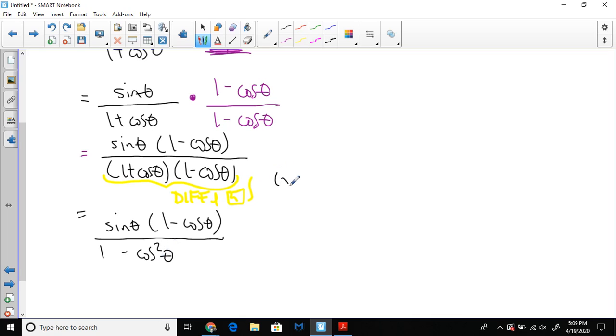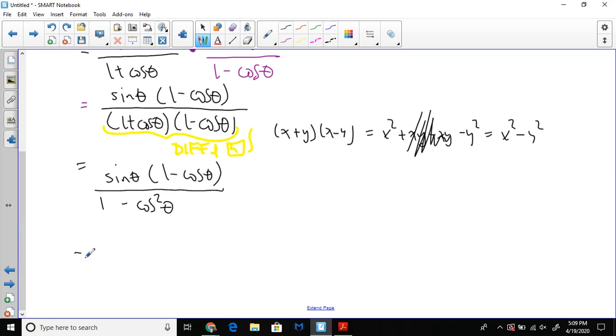Remember, if I had x plus y times x minus y, that would equal x squared plus xy minus xy minus y squared. The stuff in the middle goes away, and I'm just left with x squared minus y squared. So that's what I have here.